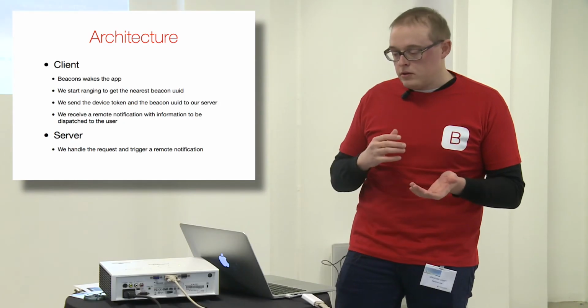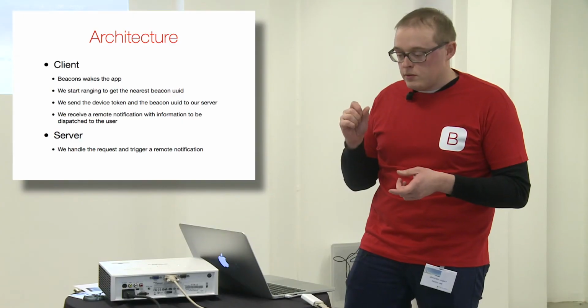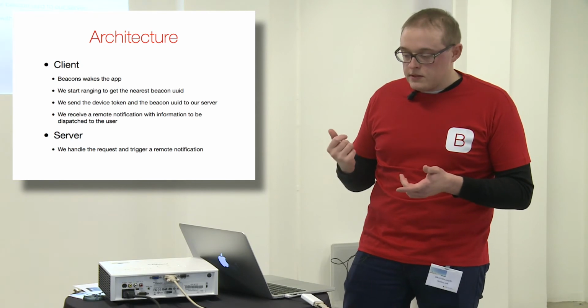To do so, on the client app, we add some triggers to detect the beacon, and when a new beacon appears, we move into some delegate, and we start to range the beacon, find the nearest, and with the ID of the beacon, send this information to a server with a device token allowing push notification through Apple.